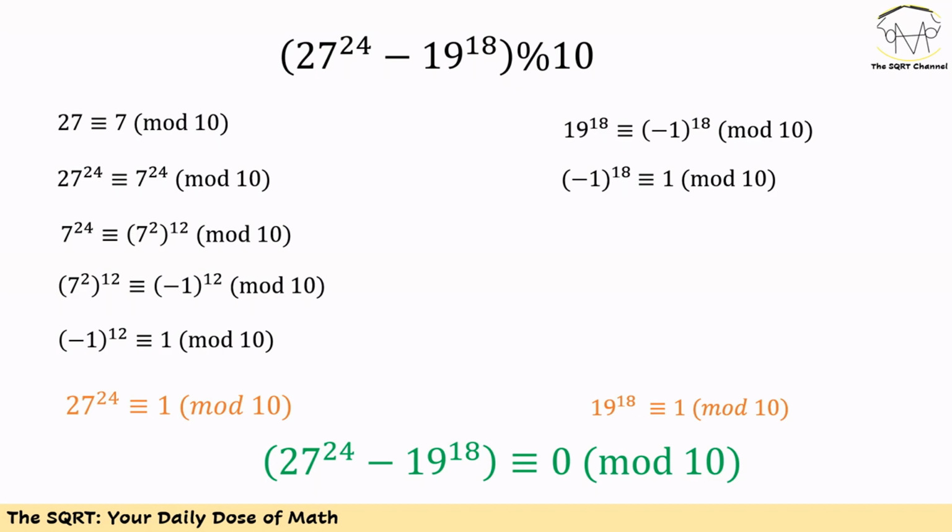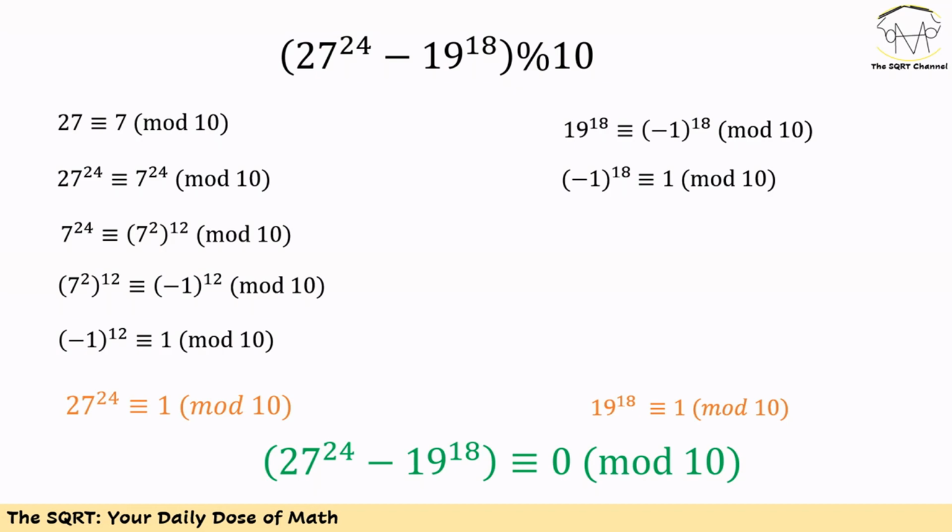Remember, we could apply the power operator here. So we will use 27 to the power of 24 is congruent with 7 to the power of 24 for modulus 10. Now we want to simplify it further.